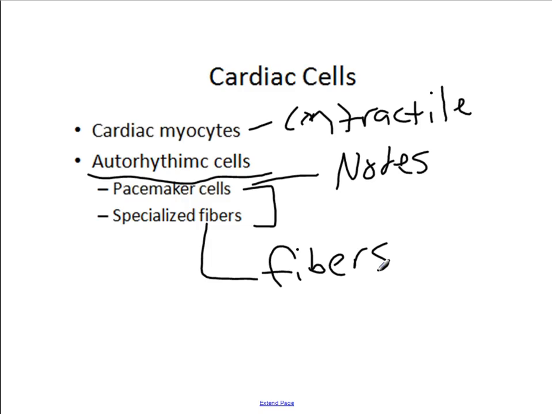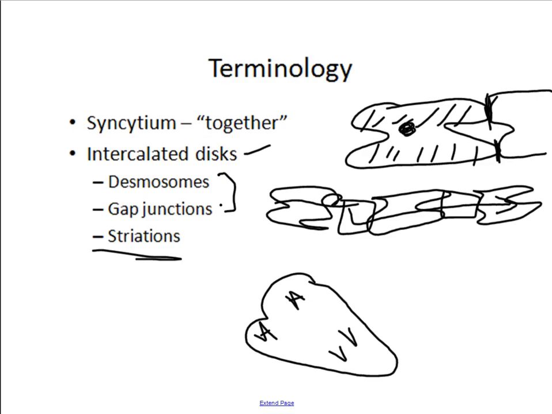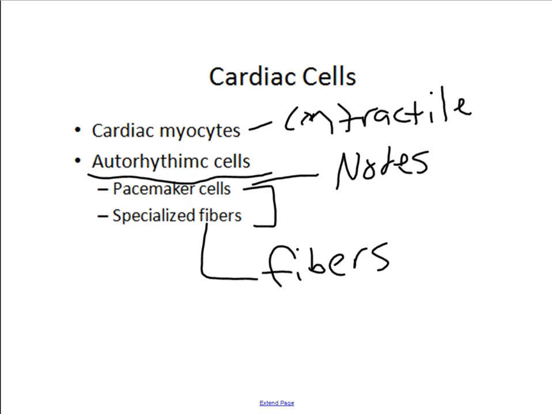It's just that it really revolves around the timing and how fast they depolarize. So when I drew this picture a second ago, this square looking cell here would be an example of an autorhythmic cell, and then this would be the contractile cell, or the cardiac myocytes, or the muscle cells themselves. All right, so these are the two cell types.